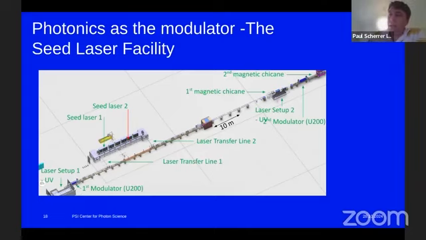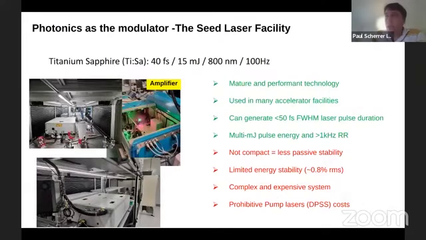This requires a large laser system halfway along the tunnel, which is then coupled into the electron accelerator, and the co-propagating intense laser pulses and electron bunches cause a modulation, which is then used to produce very stable and very short X-ray pulse trains.